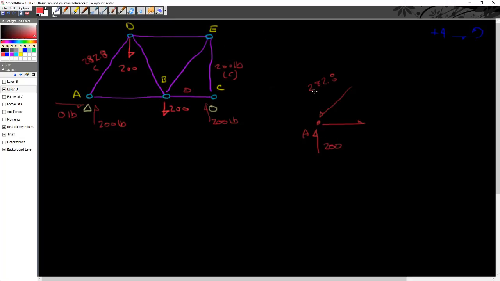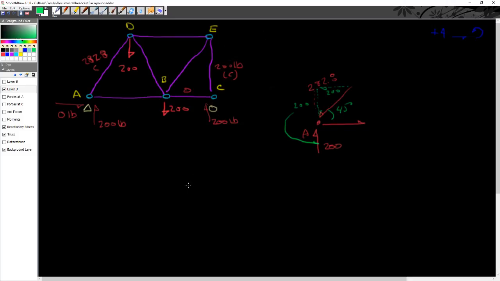When I break this down into component forces, which is how we arrived at that 282, I get a y component, and an x component going to the left, or going negative. I know this is 200, because it has to counter the force pushing up, and this has to be 200 because this angle is 45 degrees.